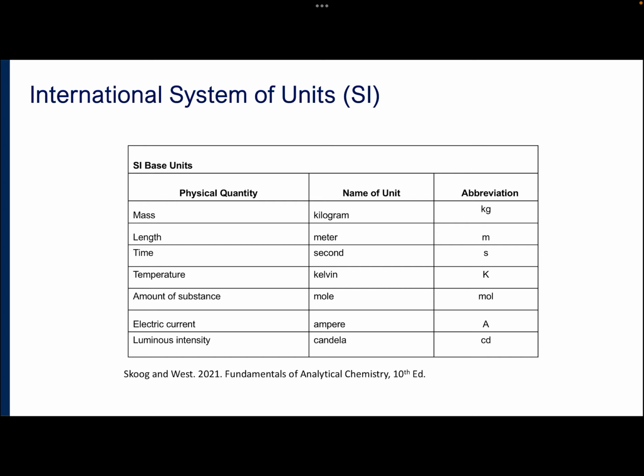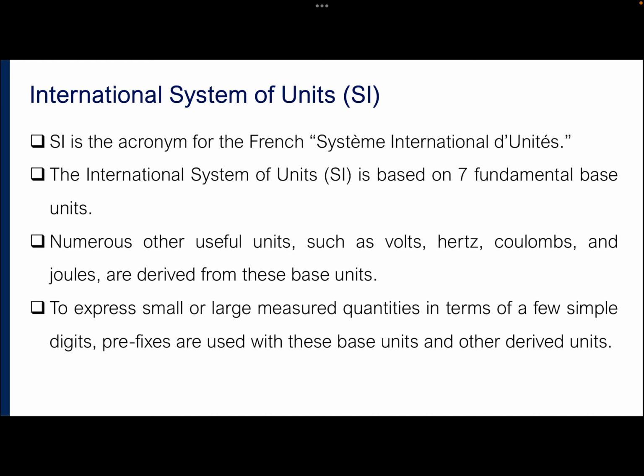For example, if we have mass, then we will use the kilogram, and for length, we will use the meter, and for time, second, and temperature, Kelvin, amount of substance is mole, and electric current, ampere, and luminous intensity is candela. So this one, the abbreviations, make sure to familiarize those. In every calculation, we will always use the appropriate unit.